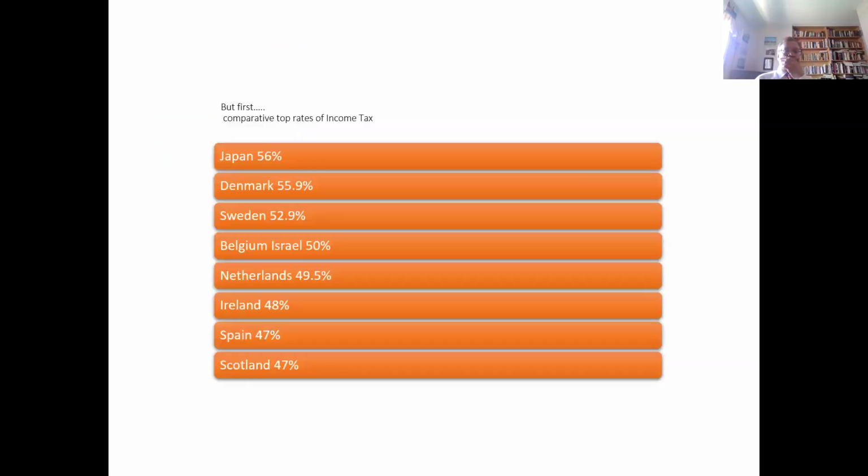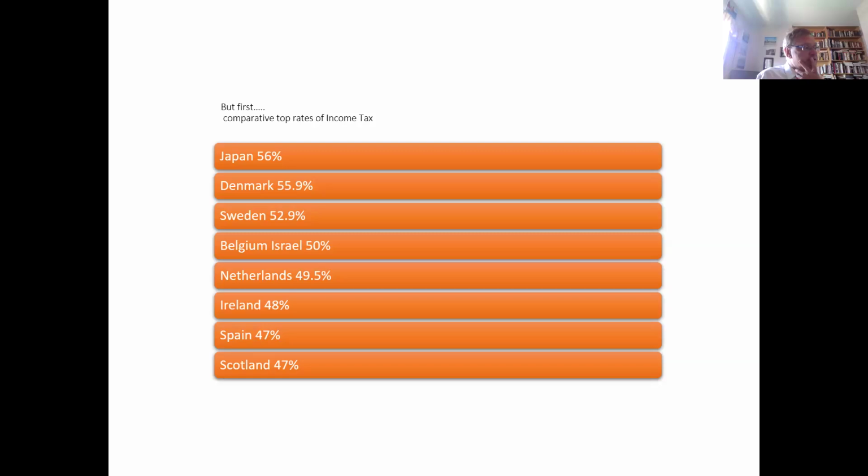Let's have a look at a few tax rates. Japan, Denmark, Sweden, sort of traditional high tax countries. Belgium, Israel at 50%, Netherlands 49.5%. Ireland is, surprisingly enough, people think of Ireland as a low tax country, is low tax for corporation tax, but not for income tax.